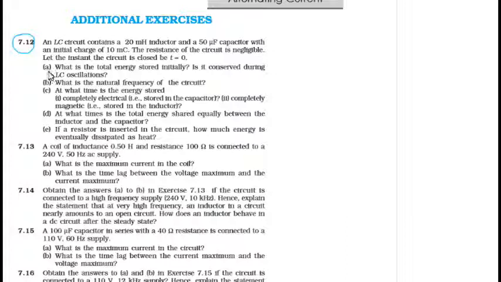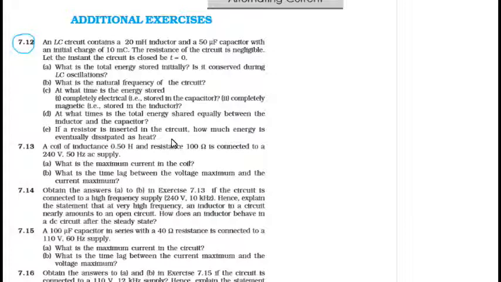Part A: What is the total energy stored initially? Is it conserved during LC oscillations? B: What is the natural frequency of the circuit? C: At what time is the energy stored completely electrical, and completely magnetic?